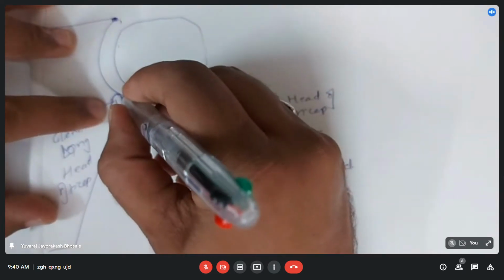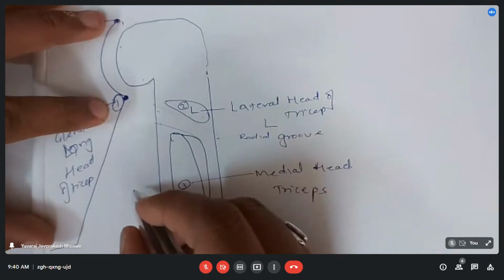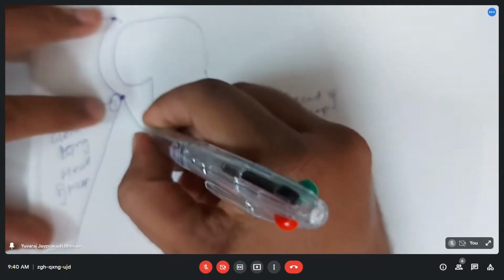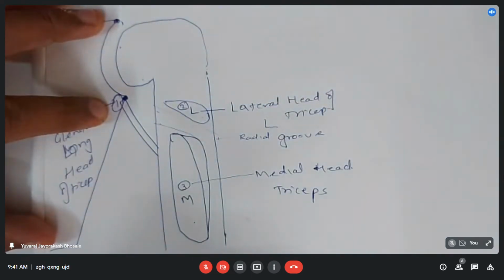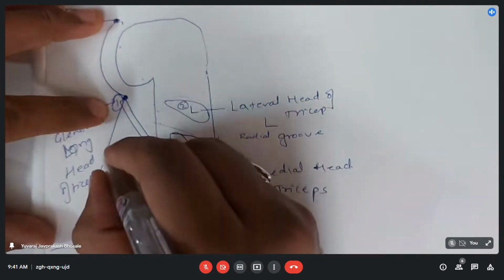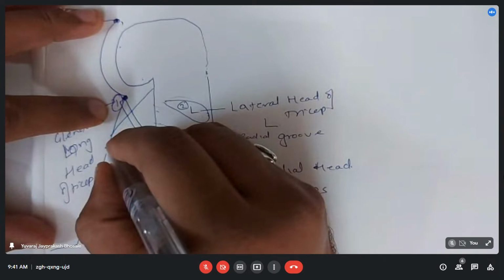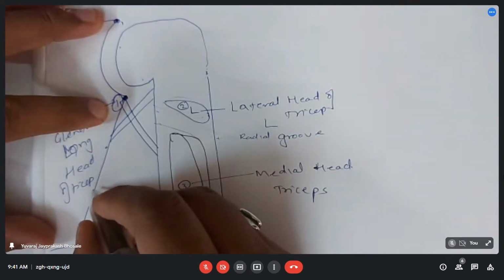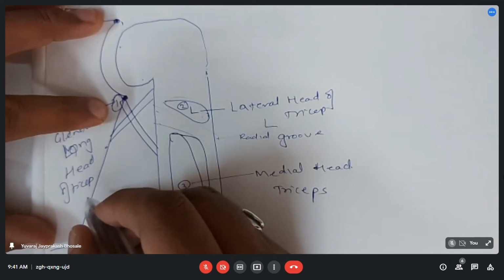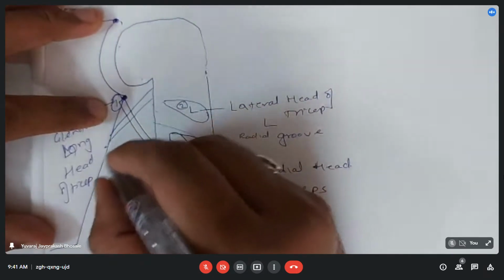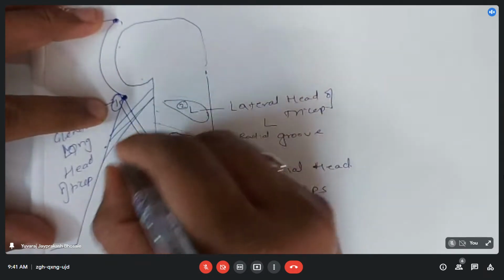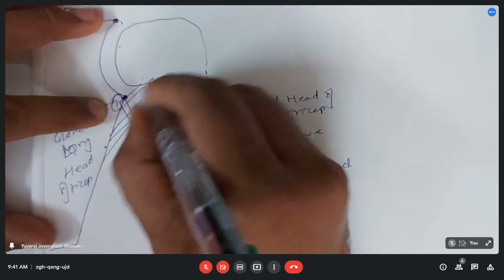Now you may remember some more things about the long head. The long head is going like this. Of course, the whole triceps is a huge muscle, and then there is the teres major going like this, and the teres minor will be above.